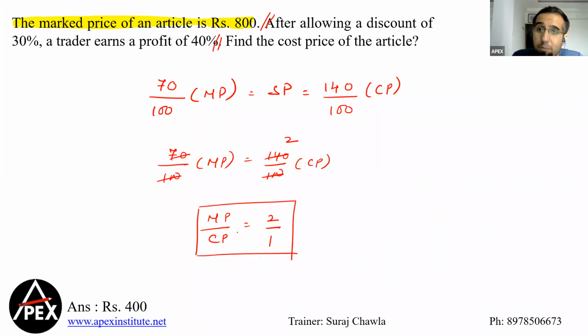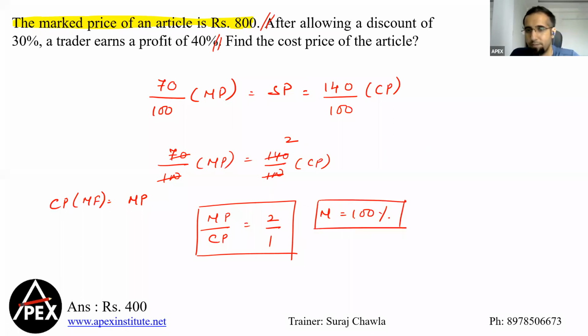MP by CP is nothing but the markup percentage multiplying factor. So with this, I can say that there's a markup of 100%. Is this point clear with all of us? Quick responses, please. If the first part of the statement was not given, this is what we could have deciphered.